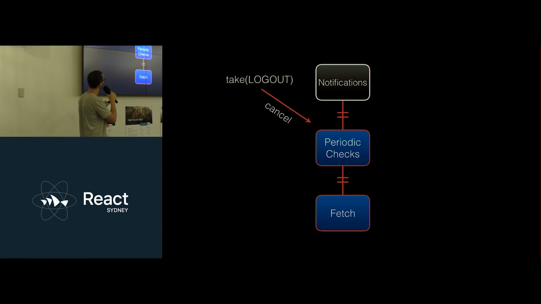If the user logs out, we can cancel these tasks. So when you cancel the periodic checks, it's going to also cancel all its children, all the sagas that were forked by it, all the way down. If an error is thrown by fetch, it will bubble up, just like in normal synchronous code.